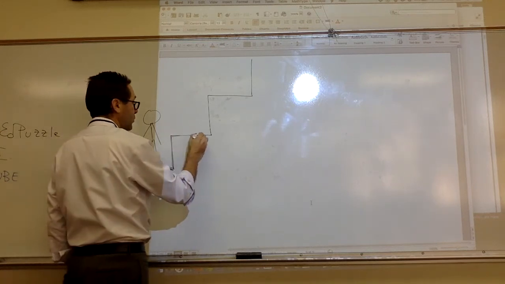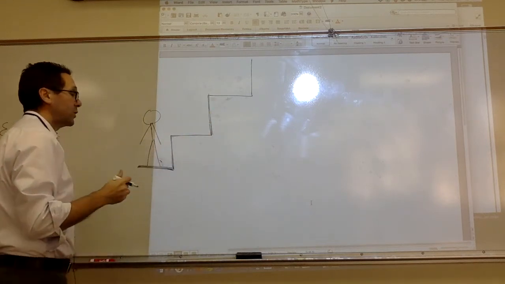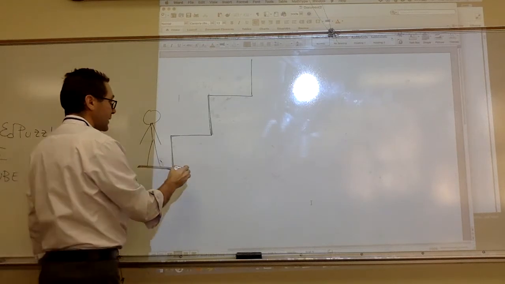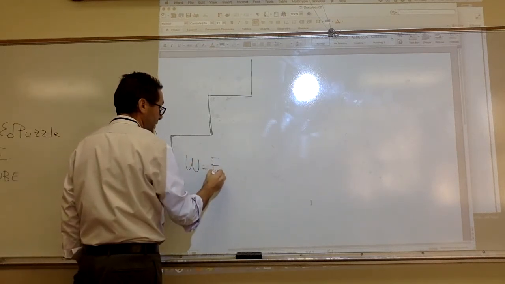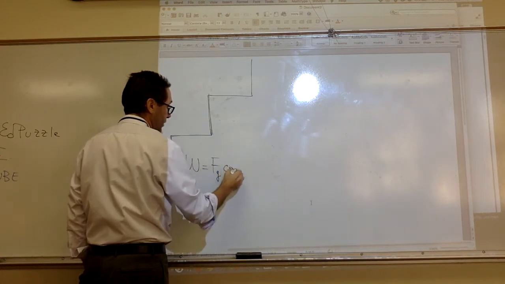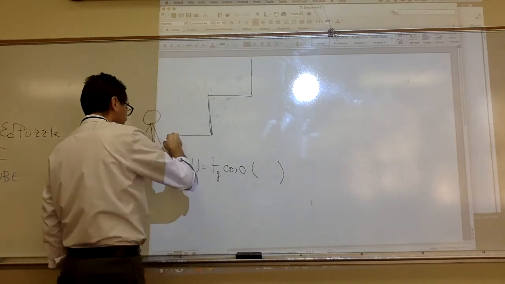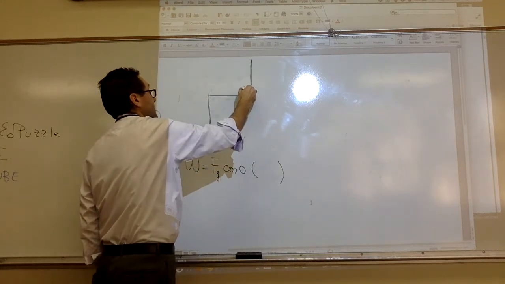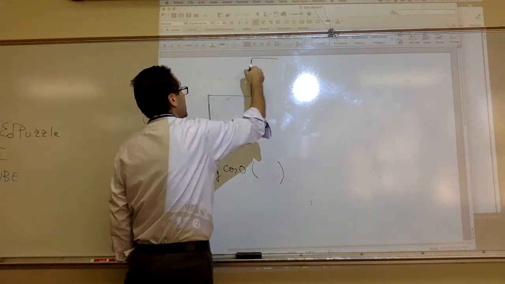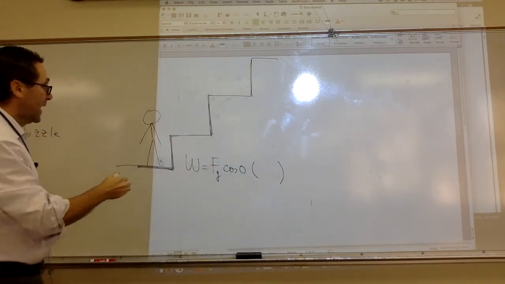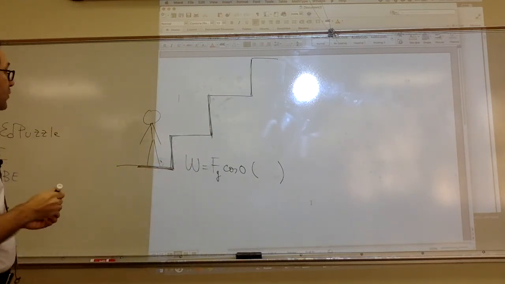So when you're doing work, the force is the force you're working against gravity times the cosine of 0 degrees, times the sum of these distances here. If you add up all these heights of the stairs, you get the distance from the first floor to the second floor.